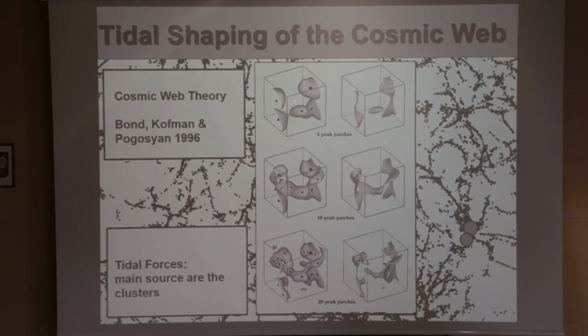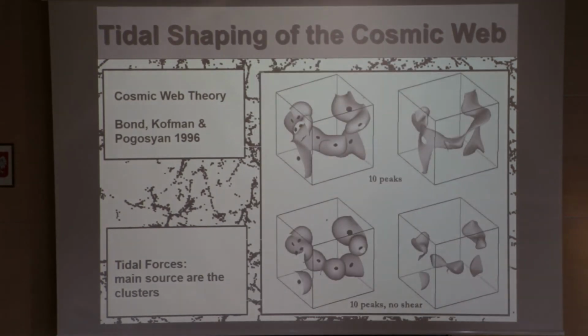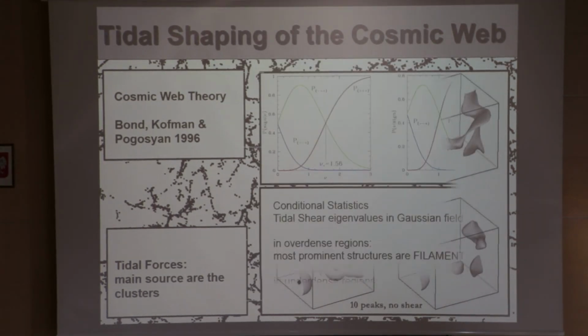This is the original distribution, this would be the evolved distribution. But when you do 10, you start to see a web-like structure. And when you have 20, you clearly see a network. So the idea was you put down your clusters and then you have your filaments, right? That's the idea of the cosmic web. Okay.